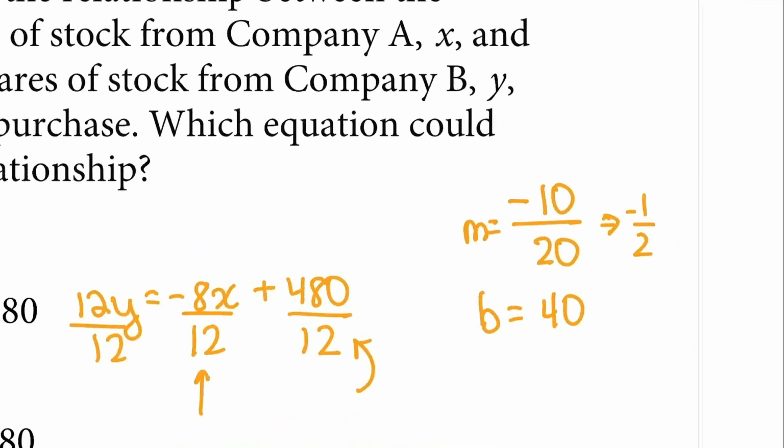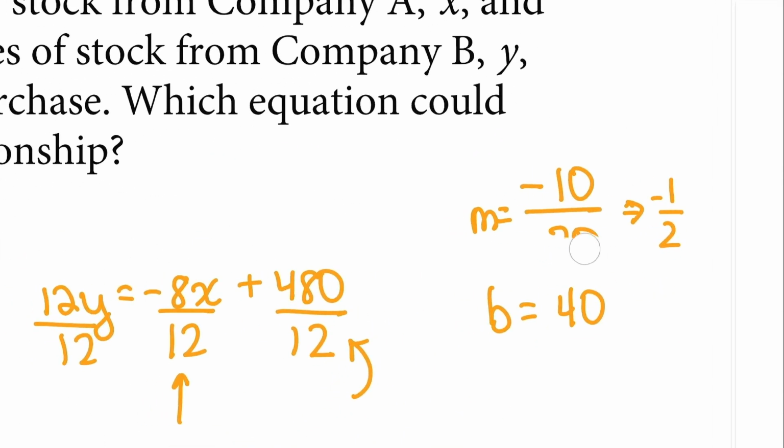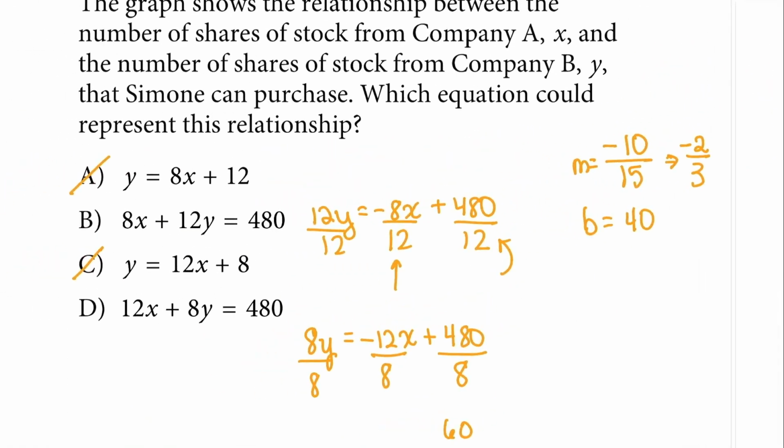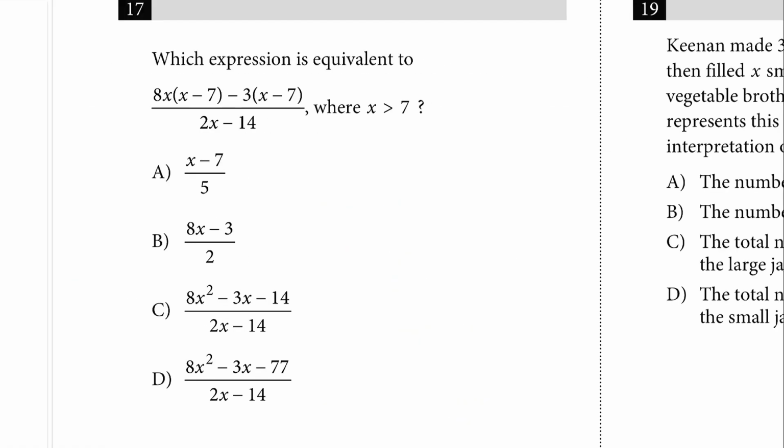Okay, so this is actually going to be down 10 over 15, and that's going to make it a little bit different. Okay, there we go. So that's how we are going to get this negative 2/3 over here instead. Perfect. Option B. Which expression is equivalent to this where x is greater than 7?